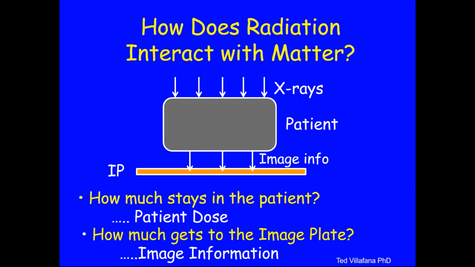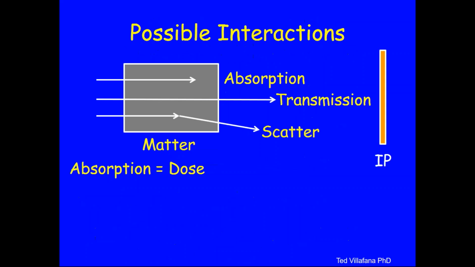But then we have a certain amount of radiation that gets out of the patient, and now the question is, of that which gets out of the patient, how much gets to the image plate? What comes out of the patient is your image information. And obviously you want to conserve that image information and efficiently convert it at the image plate to a visible image.